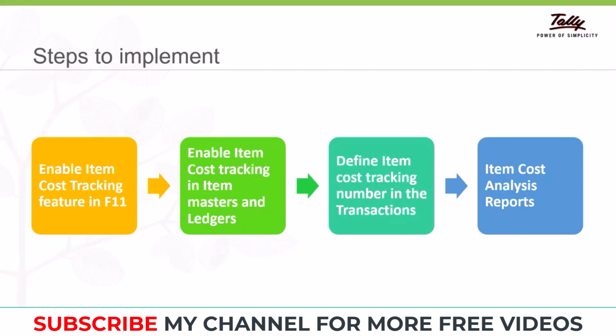Under the item cost analysis report, profit or loss displays based on the transactions they have tracked. If a transaction is not part of these tracking numbers, it will participate in your profit and loss account statement, which calculates the profit or loss based on that.